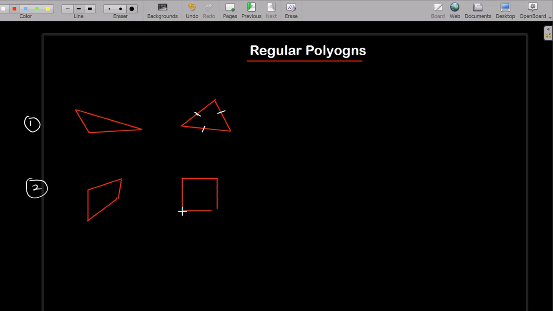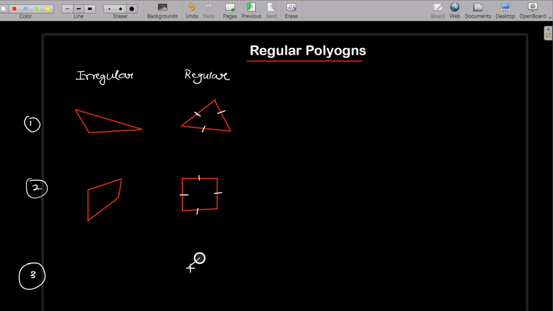After quadrilaterals, what's the next polygon, Tanveer? The one with 5 sides? A pentagon. Okay, so this side, the left ones, are all irregular polygons, and on the right side we have all the regular polygons. The next we'll do one more, pentagon.